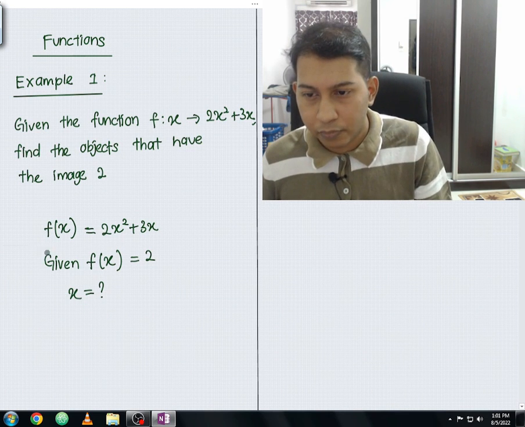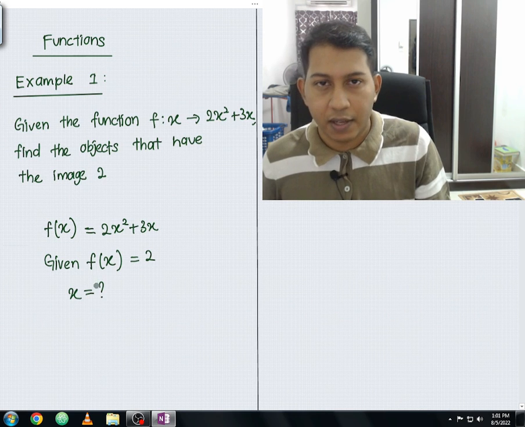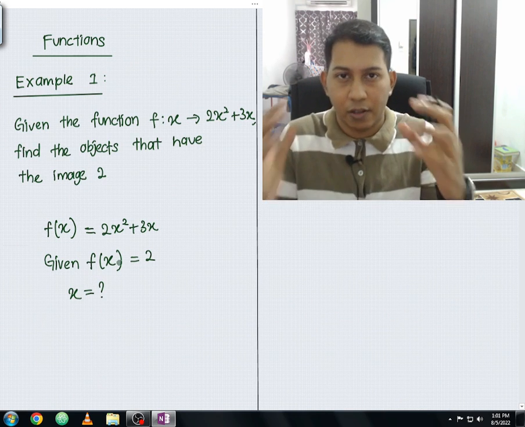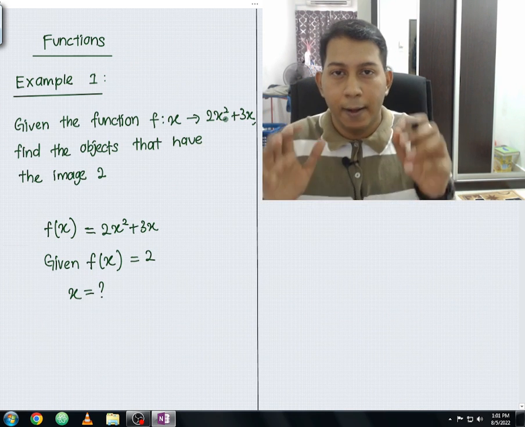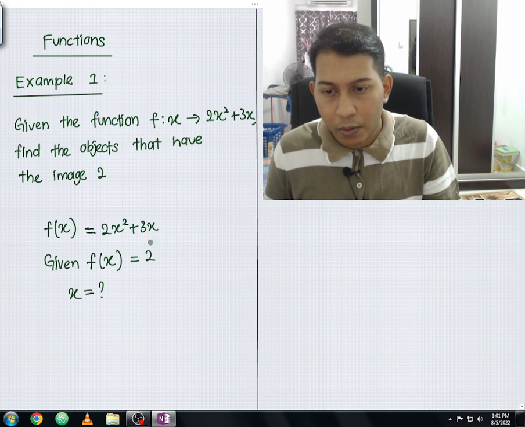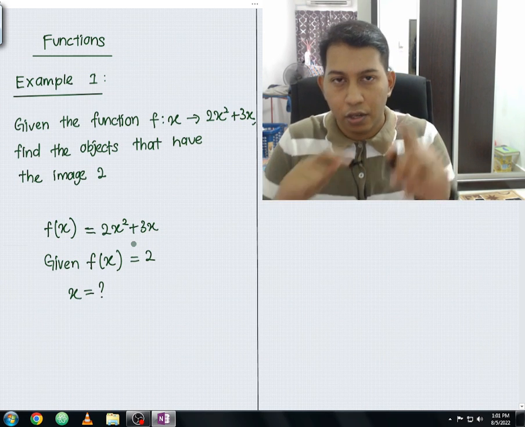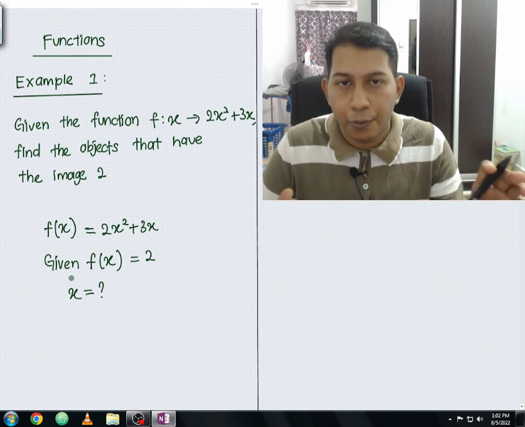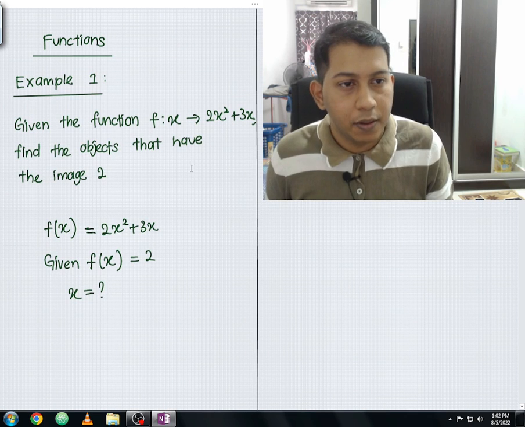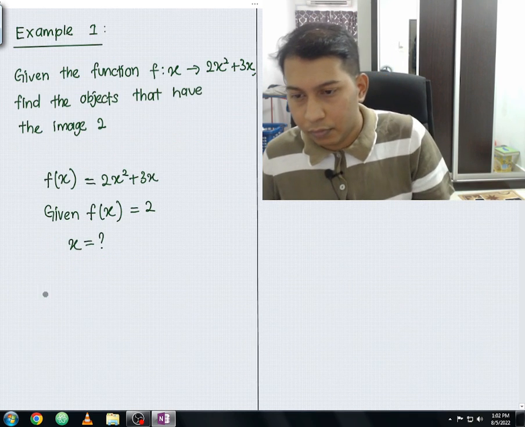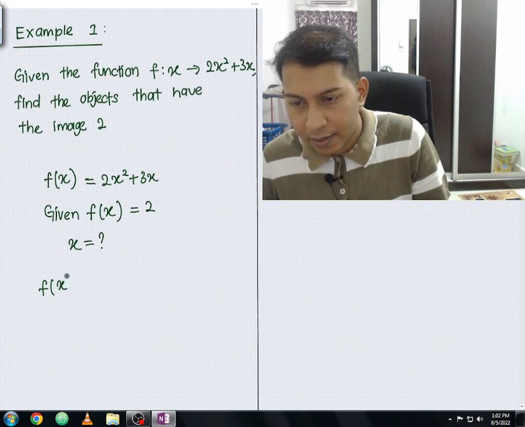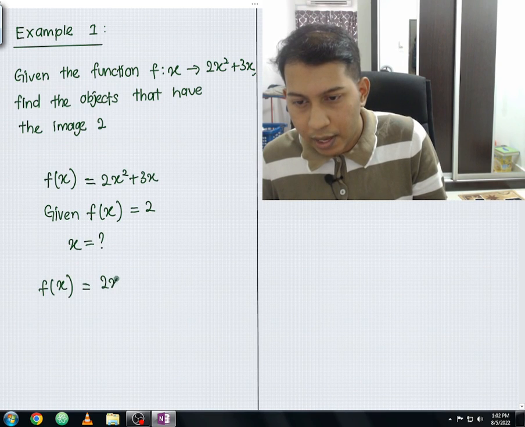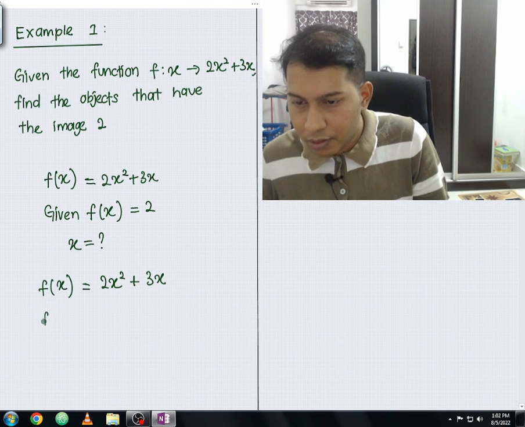From here, f(x) is equals to 2. Your f(x) as a whole is equal to 2x squared plus 3x, which is over here. So these two equations, you equate them together. Still don't understand? Don't worry guys, I'll teach you step by step. f(x) is equals to 2x squared plus 3x, and they also mentioned in the question that f(x) is equals to 2.